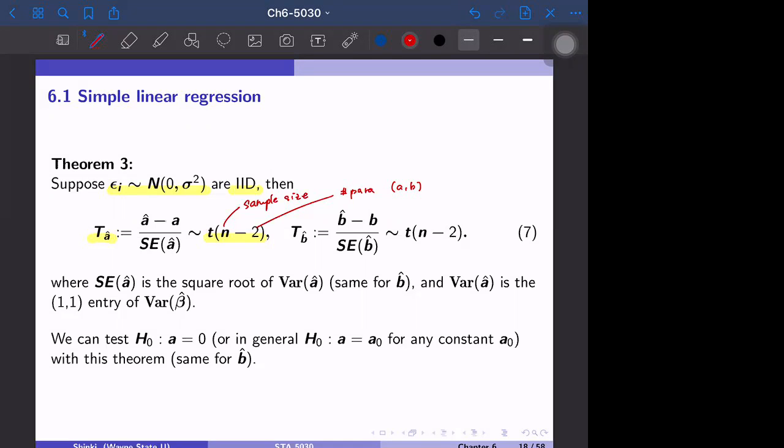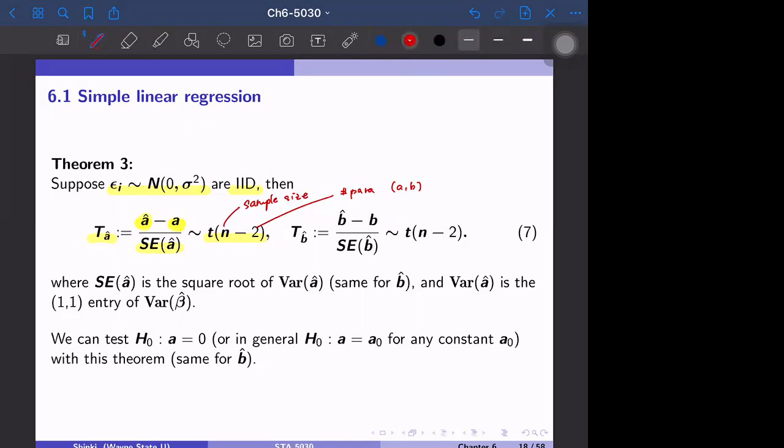And T sub A hat is defined as A hat minus A, where A is the true parameter and A hat is the estimated parameter, divided by the standard error of A hat. The standard error of A hat is obtained from the variance matrix of beta hat.